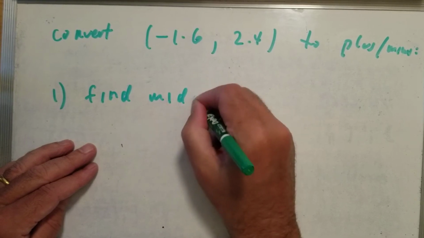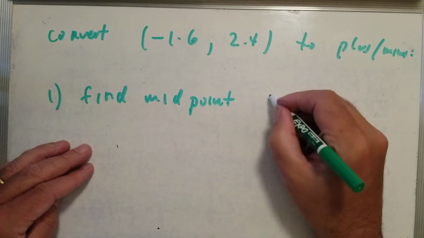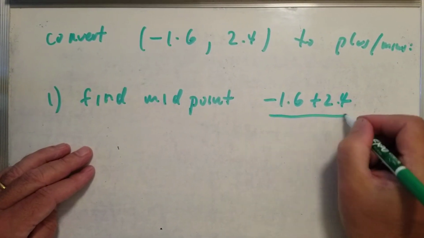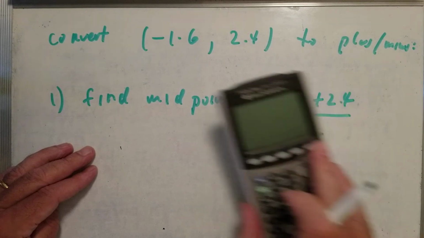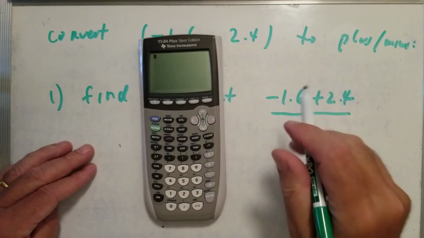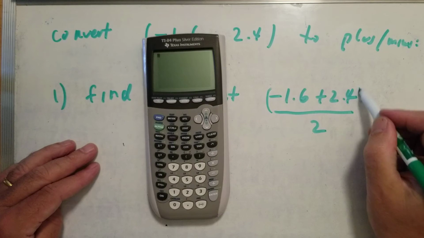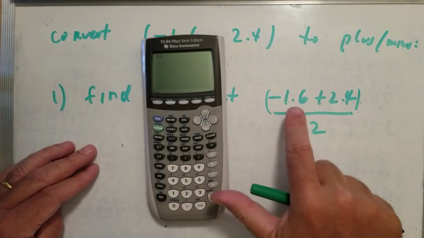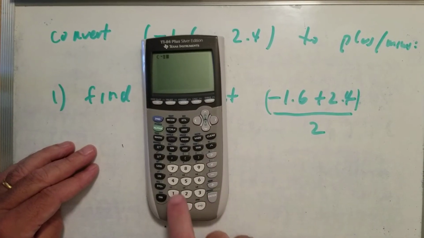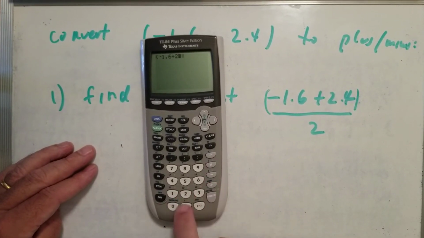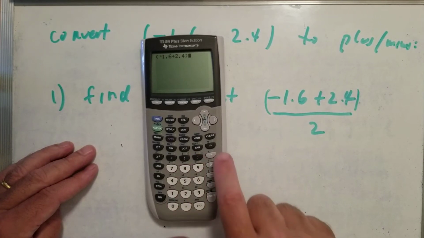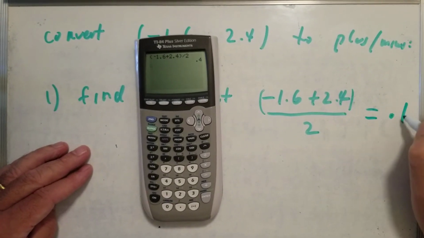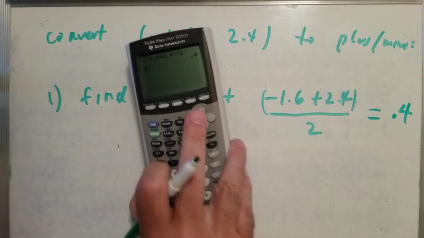Find the midpoint, which would be negative 1.6 plus 2.4 divided by 2. Now on the calculator, of course, when I'm doing a fraction, I'm going to put a parentheses around the numerator. Parentheses, that's a negative number, not a subtraction sign, so I'm doing negative 1.6 plus 2.4, close the parentheses, divided by 2, and that gives me 0.4. So that's the midpoint of that interval.